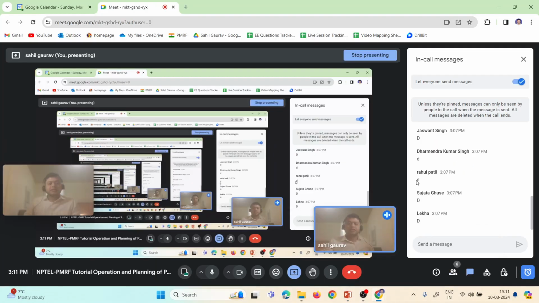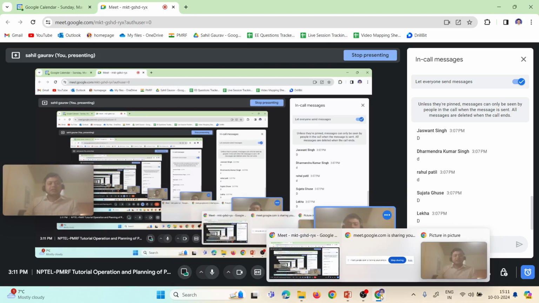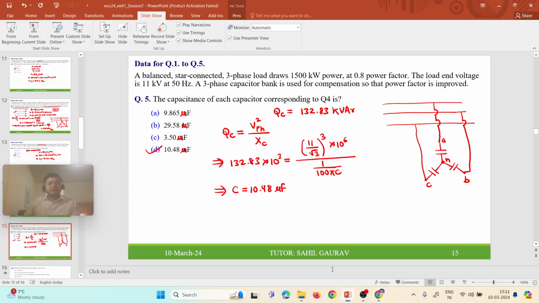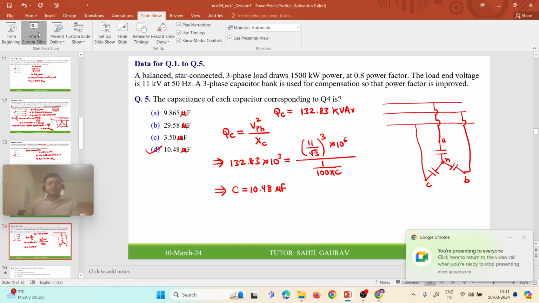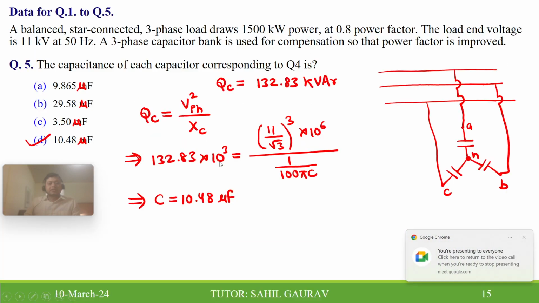Yes, Sujata, Rahul, Dharmender, all of you are correct. I think this you replied for the previous problem. So let's see the next problem.